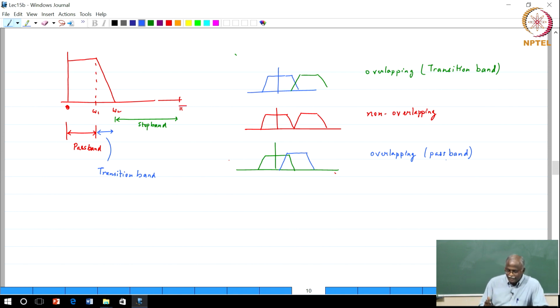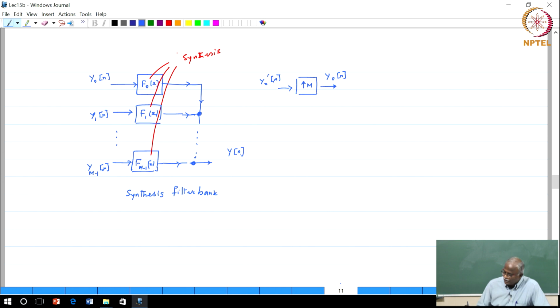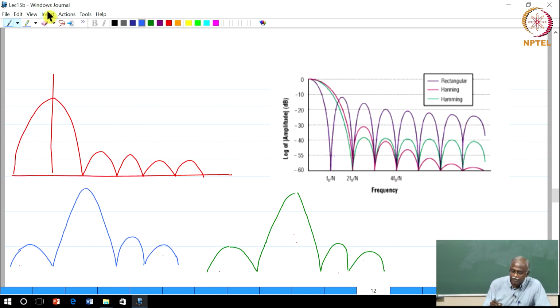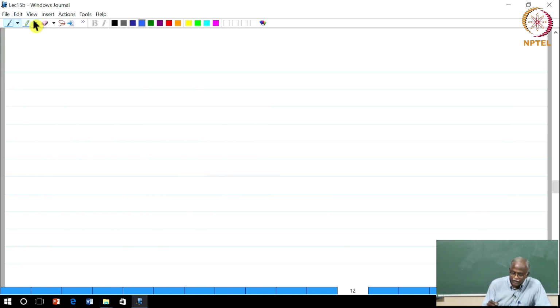Now, just as we did the case of ideal filters for downsampling, upsampling, interpolation and all of that, we do have a case where you look at the ideal spectral analysis scenario. Let me describe that in the following way. The ideal spectral analysis scenario would be a filter bank which had the following structure.